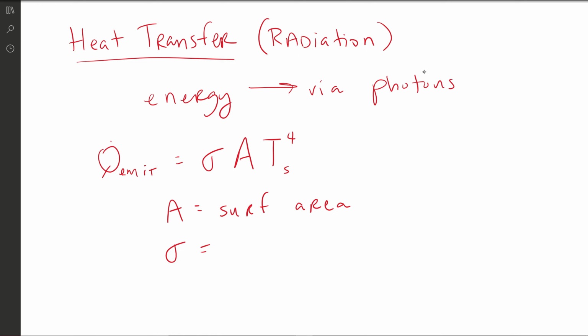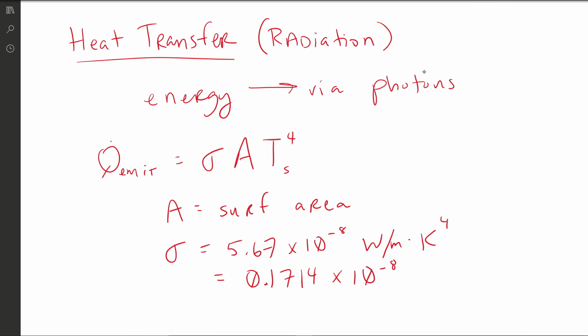The Stefan-Boltzmann constant, which is 5.67 times 10 to the negative 8 watts per meter squared times K to the fourth, which we can make 0.1714 times 10 to the negative 8 BTUs per hour times feet squared times R to the fourth.